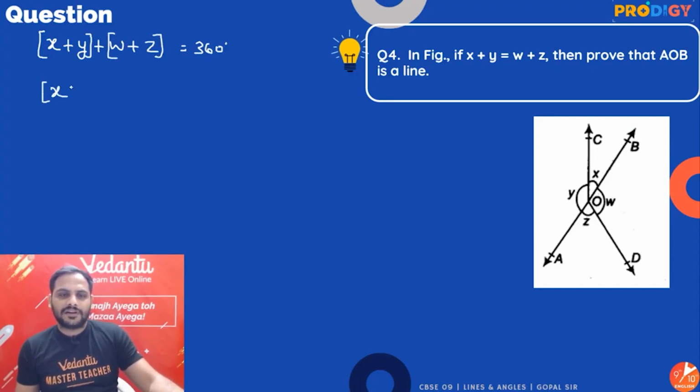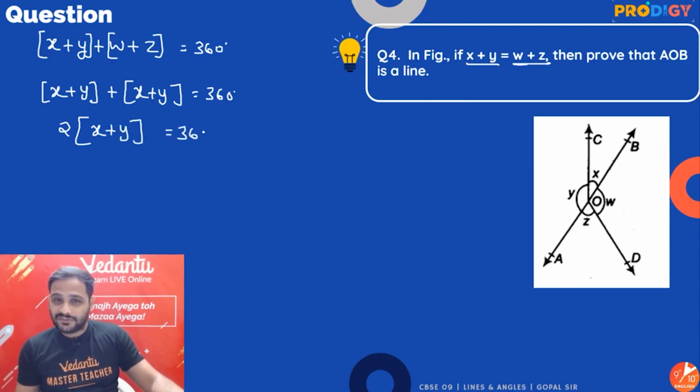So this can be written as x plus y, and w plus z I can replace with x plus y again, equal to 360 degrees, because it is given that x plus y and w plus z are equal. So 2 times x plus y is equal to 360 degrees. That means x plus y is 360 by 2, which is 180 degrees.